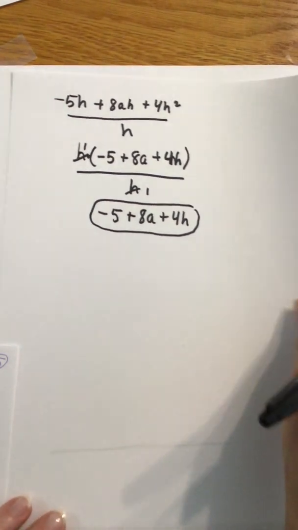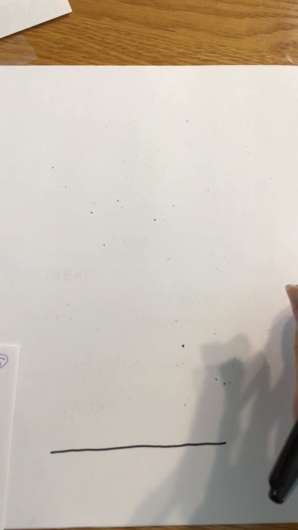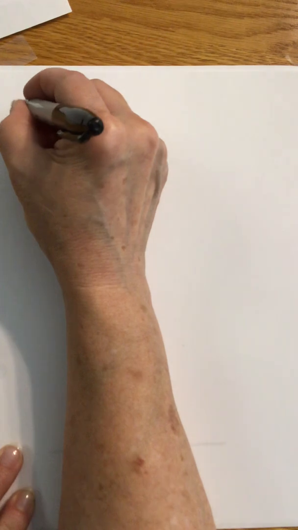All right, so we're going to look at an example. A person's weight on Earth is 130 pounds.